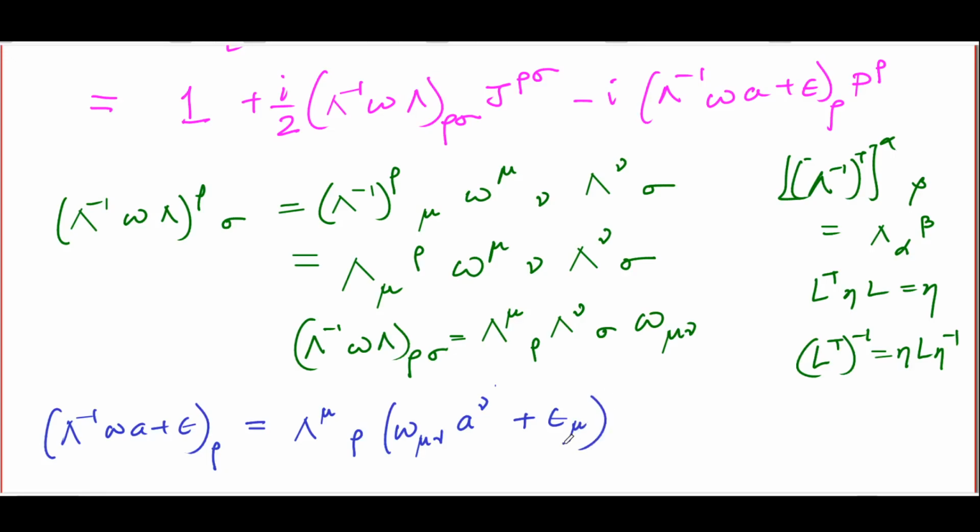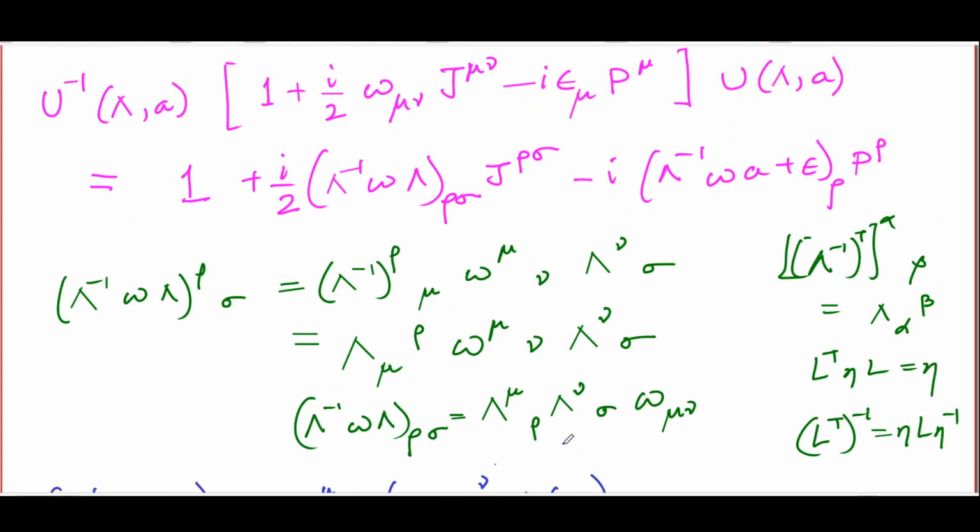Armed with this, we are now going to simplify both sides or compare both sides of this expression, and using that we will try to figure out transformation laws for J and P under Poincare transformations.